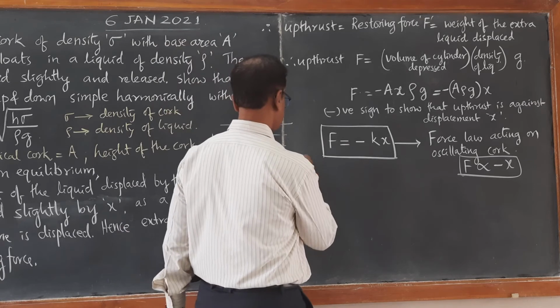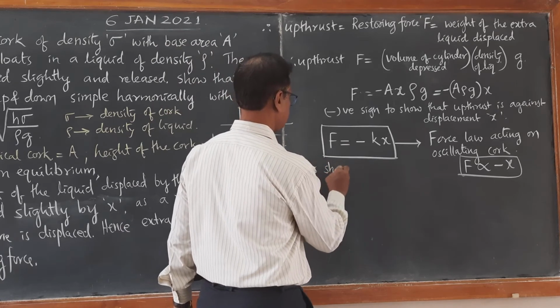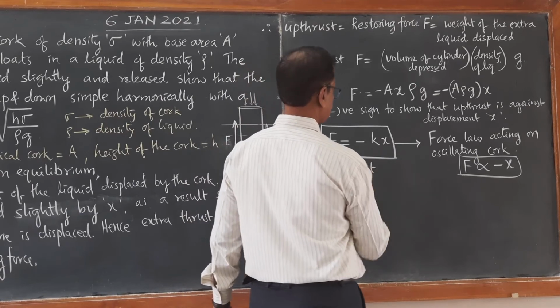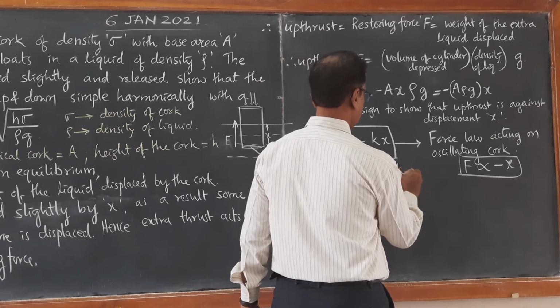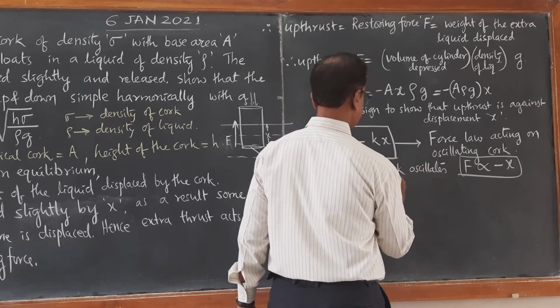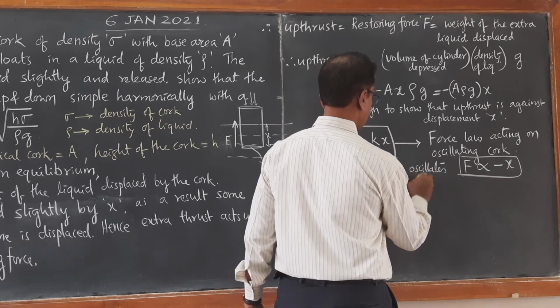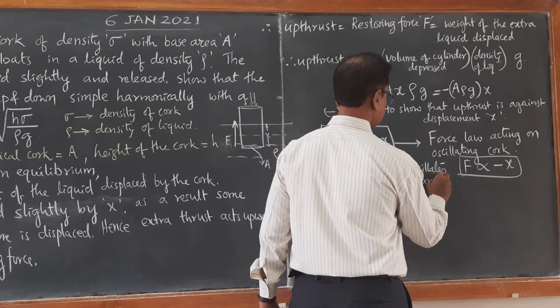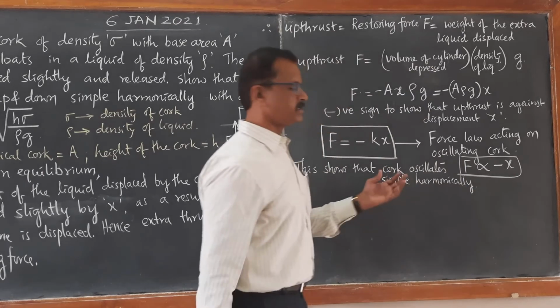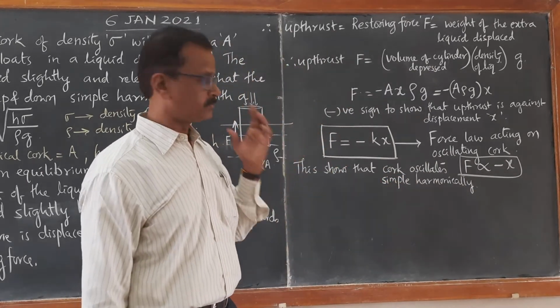So this shows that the cork oscillates simple harmonically. It means the cork oscillates with simple harmonic motion, SHM, right?